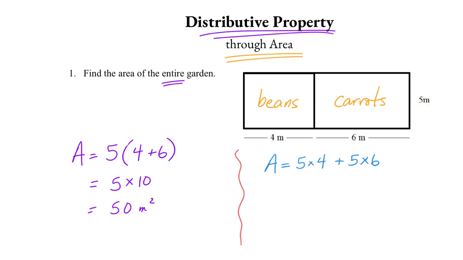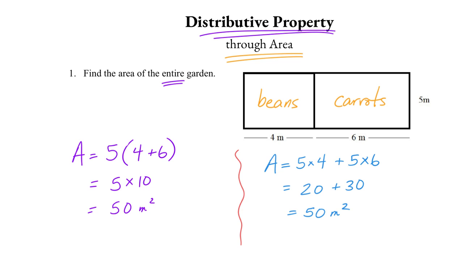And now I can calculate the individual areas and add them up in the end to get my total. I'm hoping we're good with that process, and that if I had let you go on your own, you would have been fine to come up with both. Okay, why am I doing this?